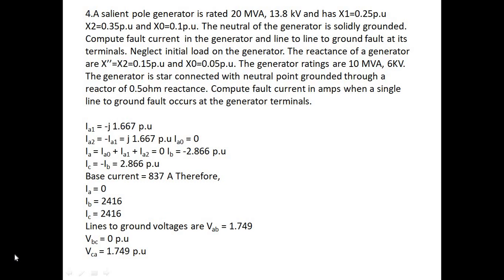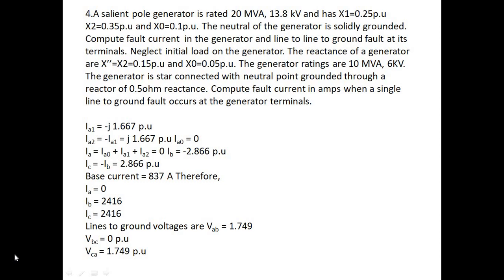Compute the fault current in the generator for a line to line to ground fault at its terminals, neglecting the initial load on the generator. The reactance of the generator, X double dash equal to X2, is equal to 0.15 per unit and X0 is equal to 0.05 per unit.